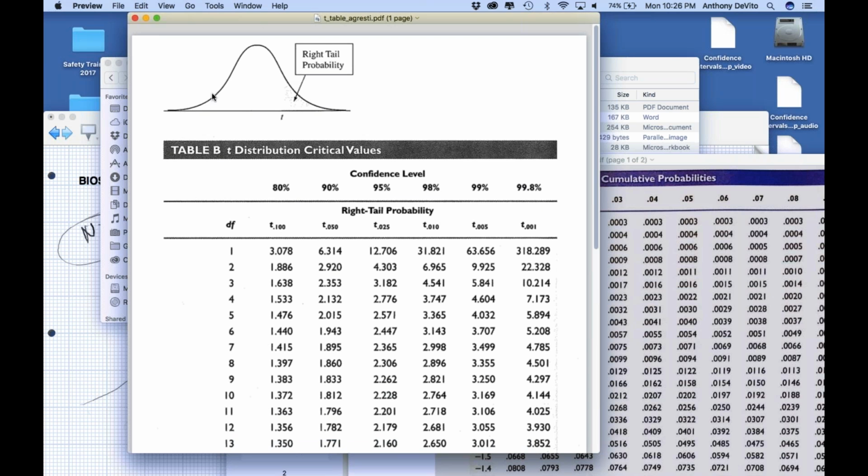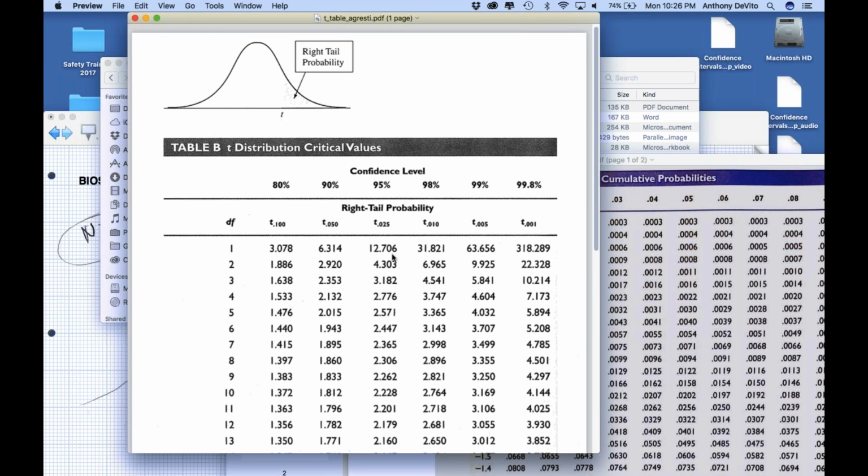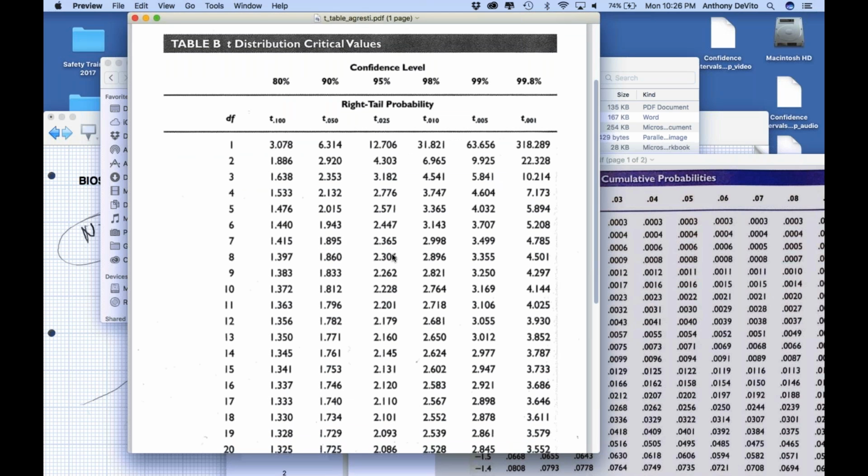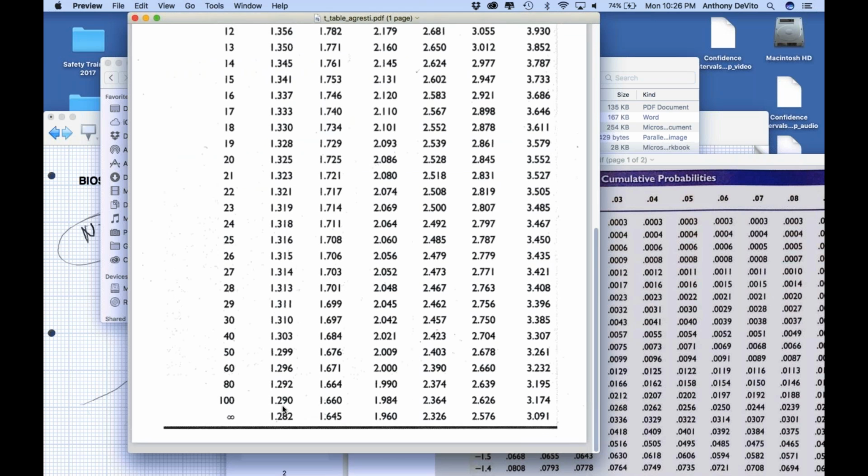So 95% of the outcomes are between them, right? Well, when we look at that with this table, we see that if the sample size is infinite, then the t-score that represents that spread is negative 1.96 standard deviations to the left and 1.96 standard deviations to the right.